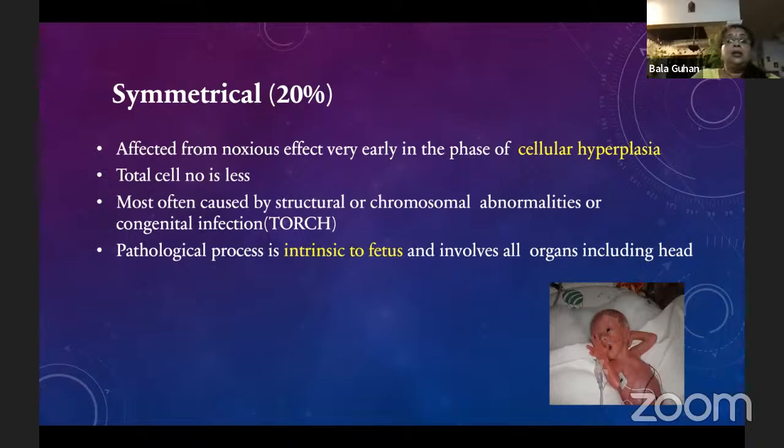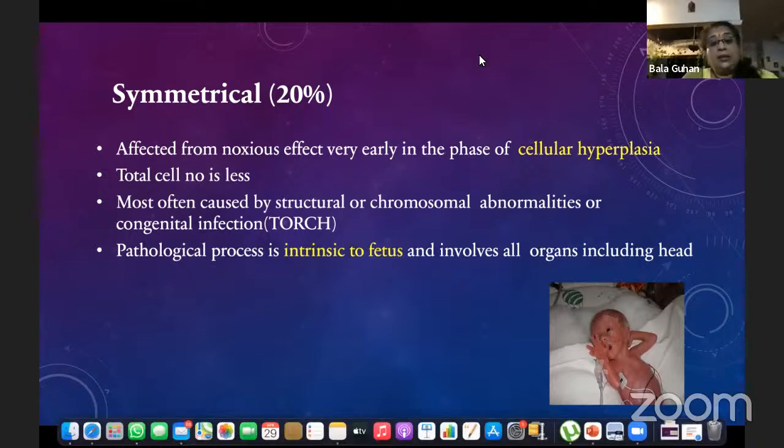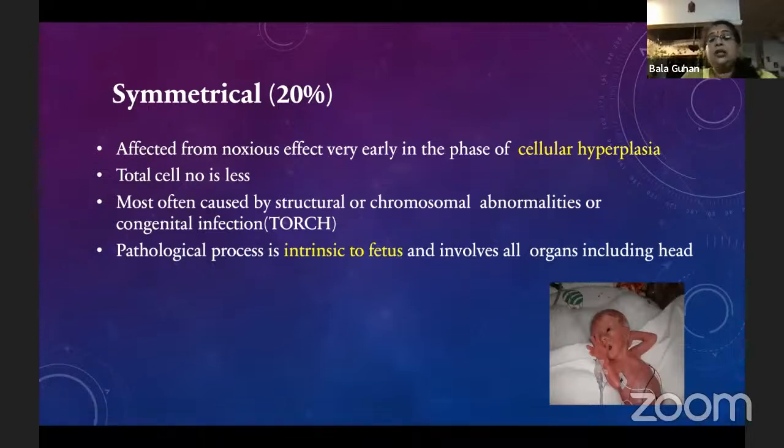The total number of cells is less compared to the normal baby. It is most often caused by structural or chromosomal anomalies and congenital TORCH infections. The pathological process is usually intrinsic to the fetus and involves all the organs, including the brain.